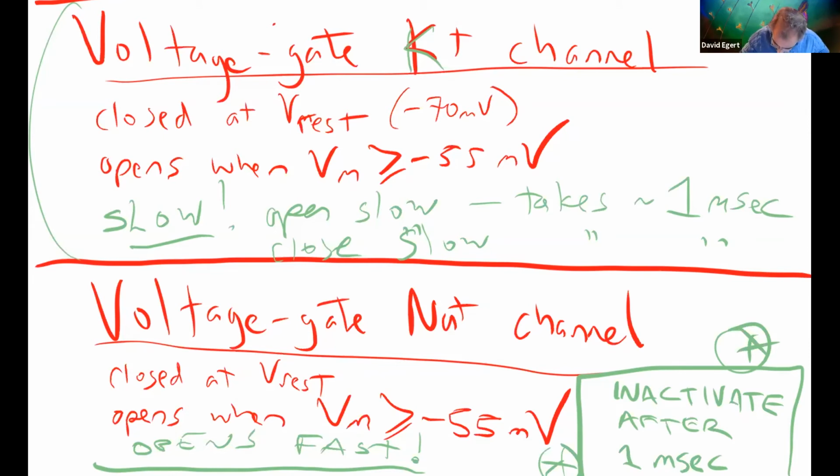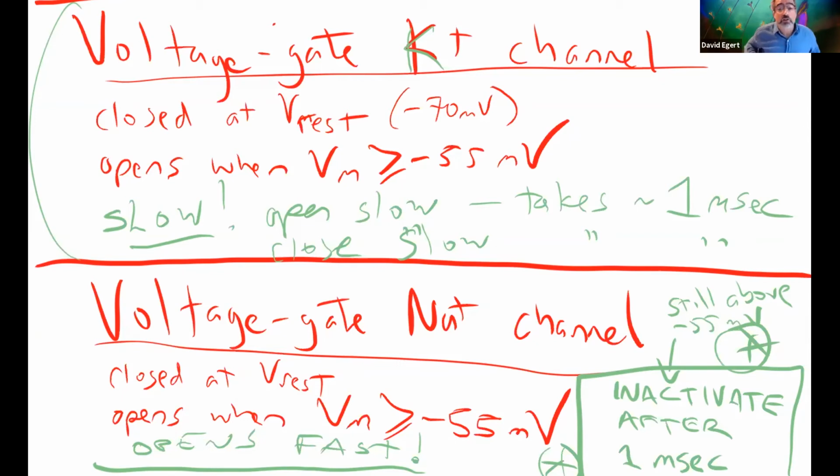So they have a limited time they stay open. You activate them, they spring open almost instantly, but after a millisecond, they close on you, even though the voltage of the membrane is still high.